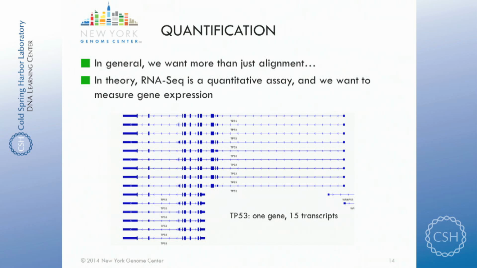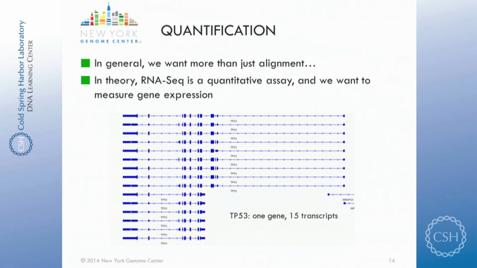I'll describe a gene as the region that codes for this protein, and then I will describe alternative transcripts or isoforms as the different forms. So here we have 1 gene and 15 isoforms or transcripts.